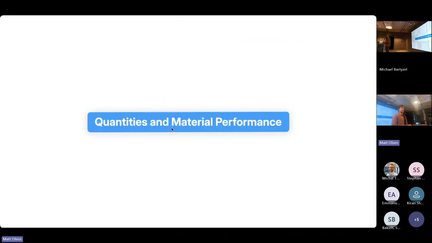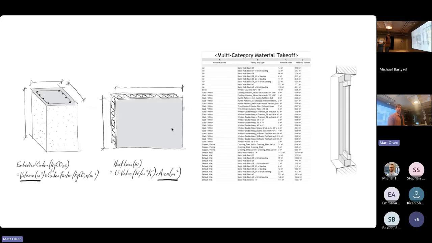So as well as the appearance of elements, materials also represent something about how they perform through their physical and thermal properties. So the volumes and areas of materials like concrete in a model can be extracted using material takeoffs in Revit, which has a range of uses.